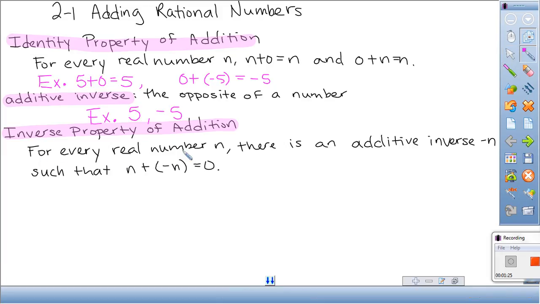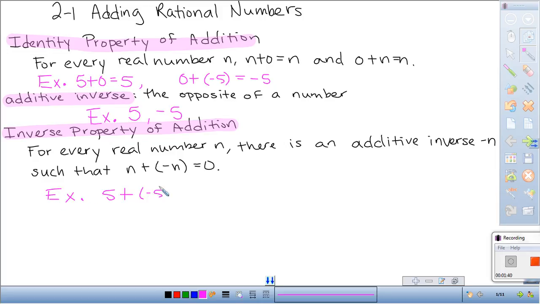It says for every real number n, there is an additive inverse negative n, so they're opposites of each other, such that n plus negative n equals 0. Just like 5 plus negative 5 gives 0, or negative 4 plus 4 is also 0.